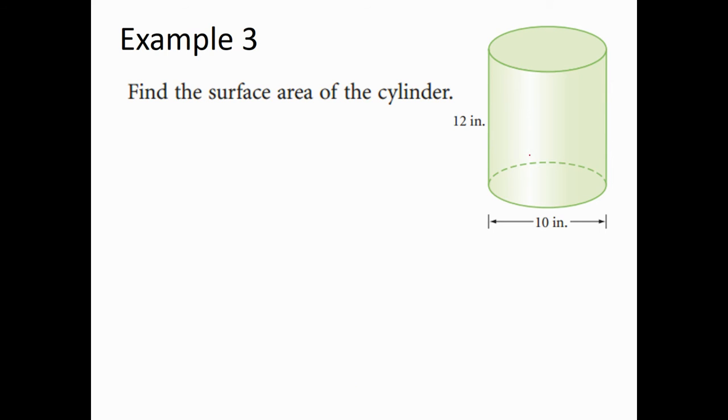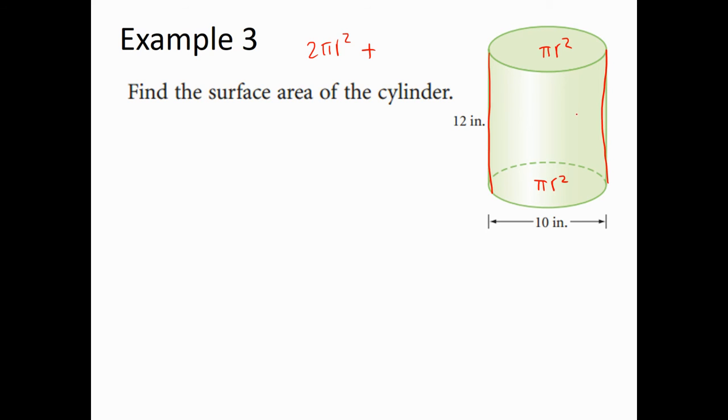Example 3 is a cylinder, and a cylinder is a little bit different, right? Because we've got curviness with the circles. We need the area of the bottom plus the area of the top, and those are circles. There's 2 of them, so we get 2 pi r squared plus the area of whatever's left.